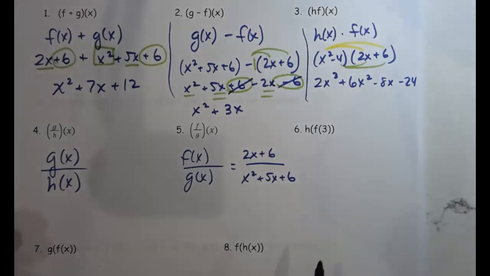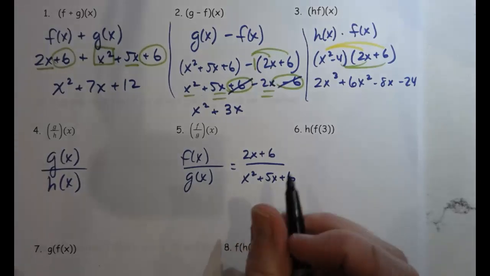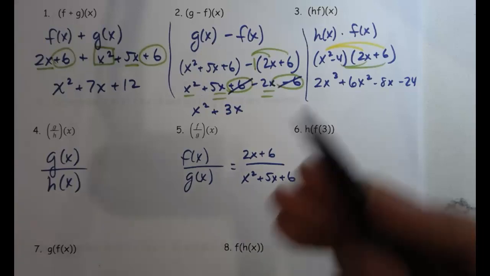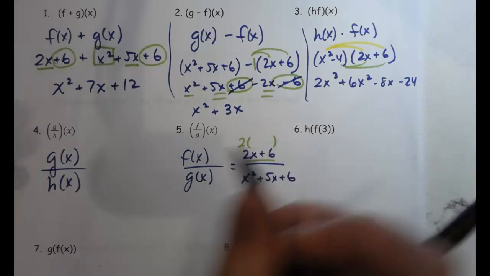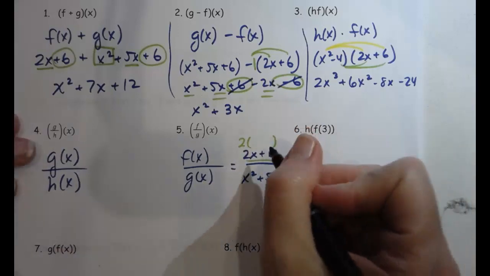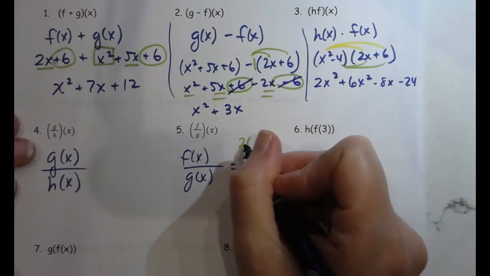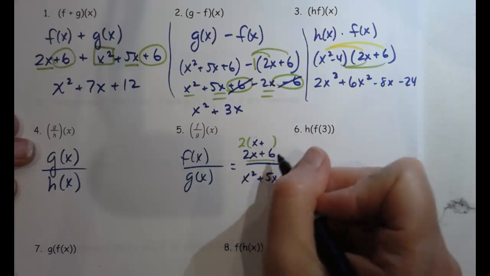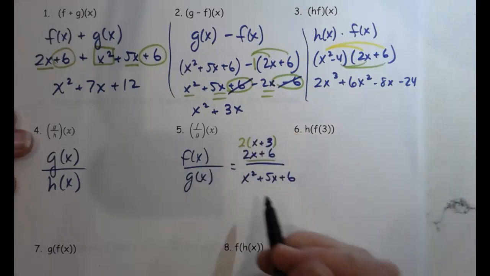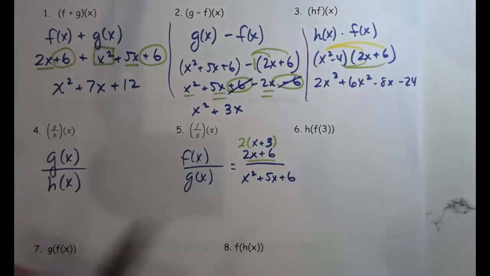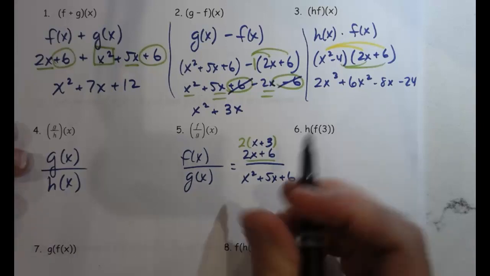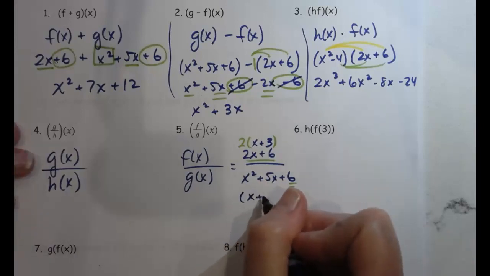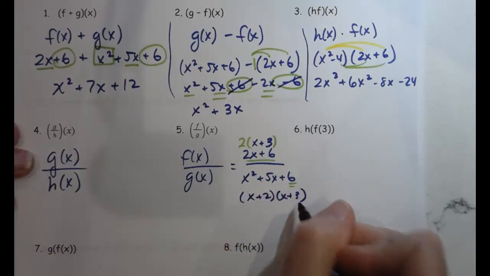Now, one thing we could do here is look to see if it might simplify. And what I see is that 2x plus 6, we could factor out a 2. If we factor out a 2, we are left with 2x divided by 2 is x, plus 6 divided by 2 is 3. On the bottom, it's also factorable. Factors of 6 that add up to the 5 are going to be x plus 2 and x plus 3.